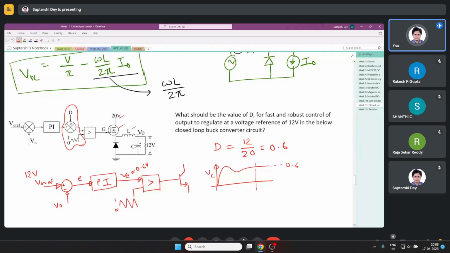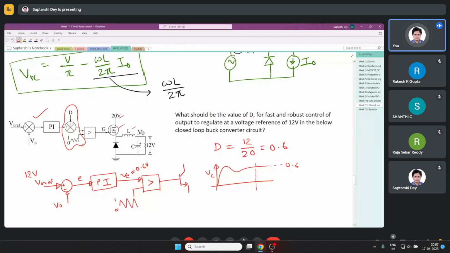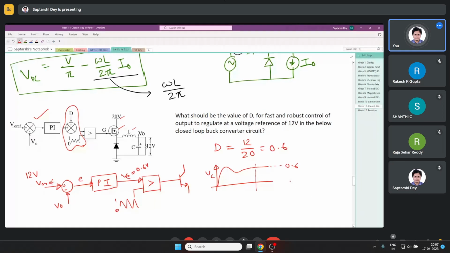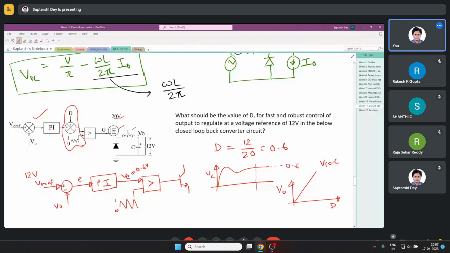Now the logic here, with the circuit given in the question, is that we have knowledge of the power circuit, that it is a buck converter. Why not use the power circuit? Why not use the knowledge? So what is the knowledge? The knowledge is that my output voltage versus D is a straight line, given that input voltage is constant.